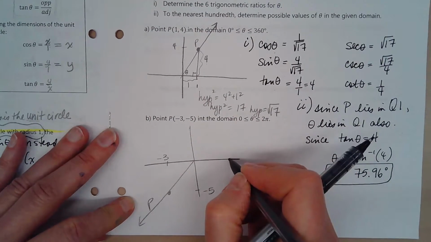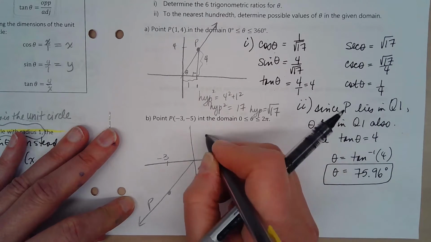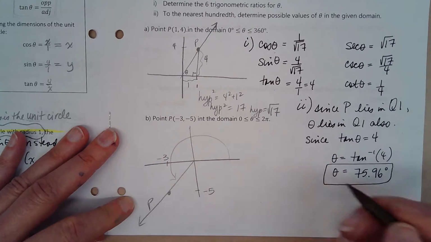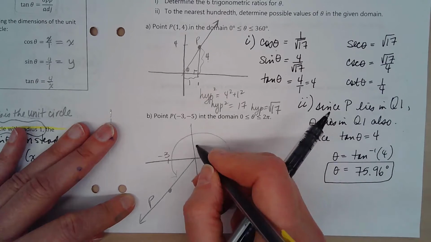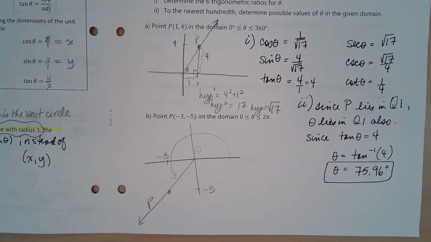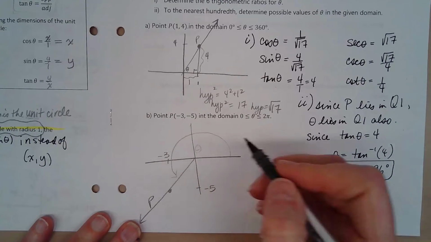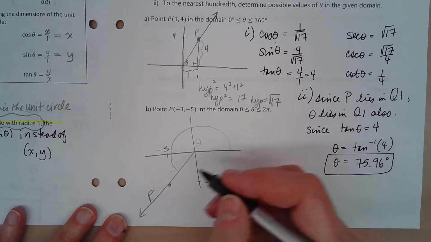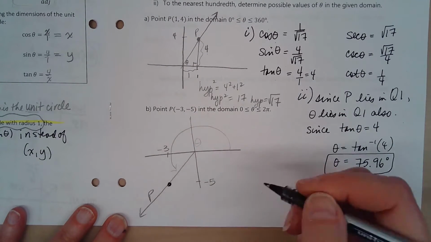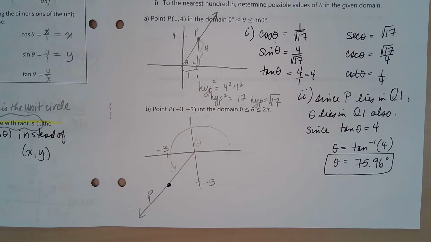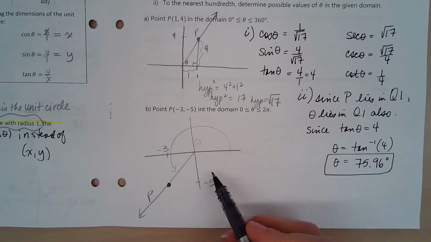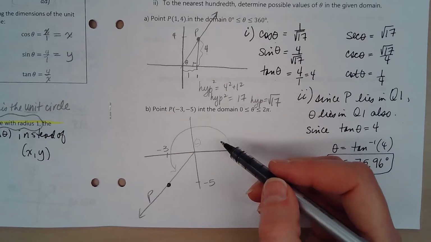This is interesting because here's where my theta is, right? Agreed? But how do I draw a triangle with an obtuse angle like this? I can't draw a right angle triangle, right? Doesn't make sense because this is where my theta is. What we learned yesterday is you've got 3 other related angles to your reference angle, right?